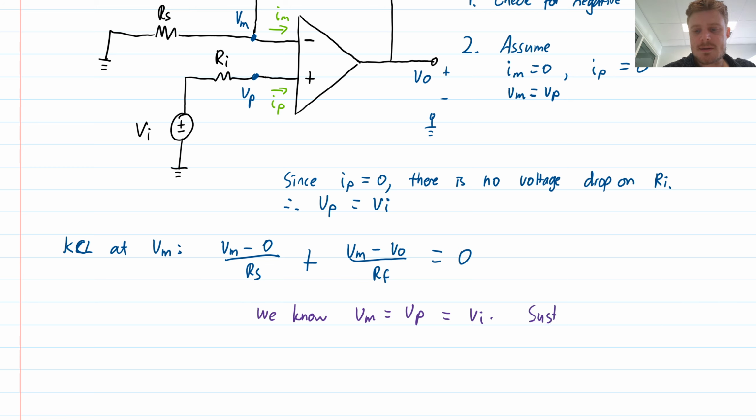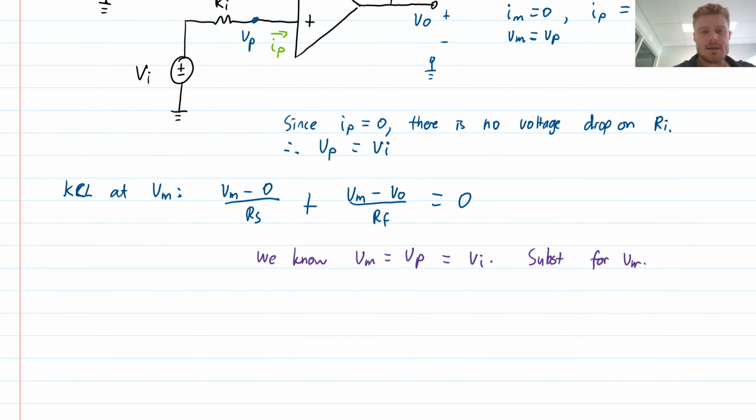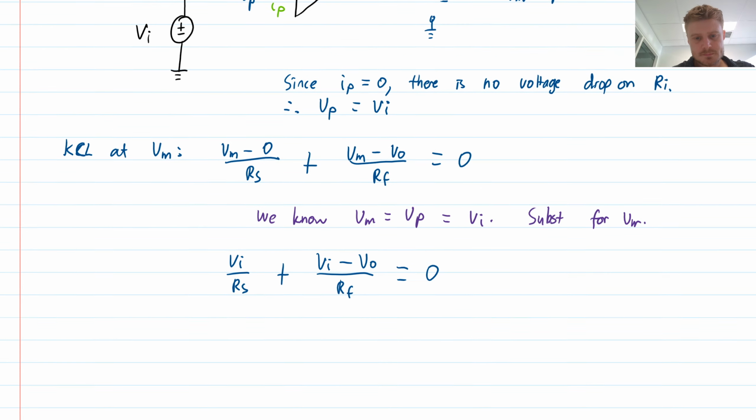So we can substitute for Vm. So let's go ahead and do that. So Vm becomes just our input voltage Vi, so I have Vi divided by Rs, plus Vm becomes our input voltage, that's Vi, minus our output voltage divided by Rf is equal to 0.